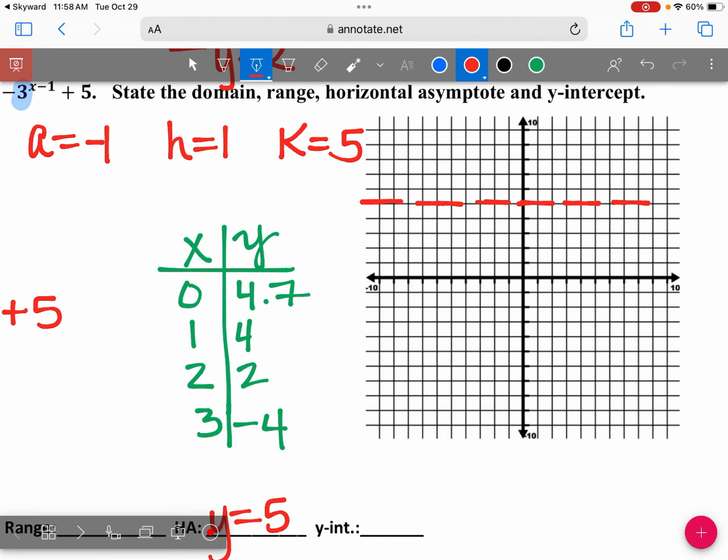Okay, so we're going to go in and it's going to come down. Because A is negative, it makes it reflect below your horizontal asymptote.